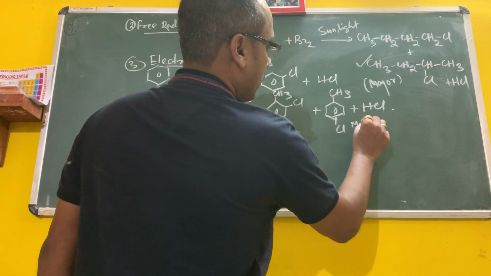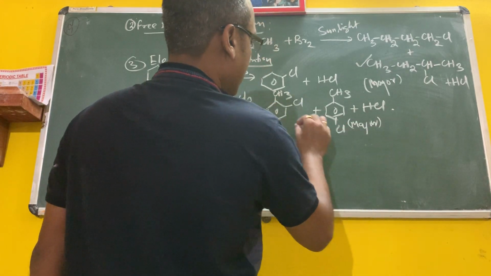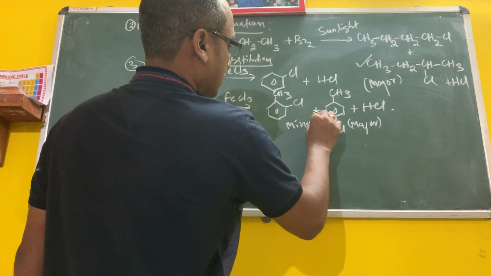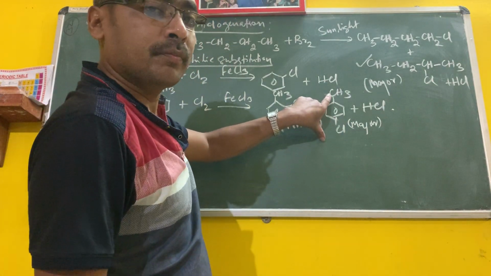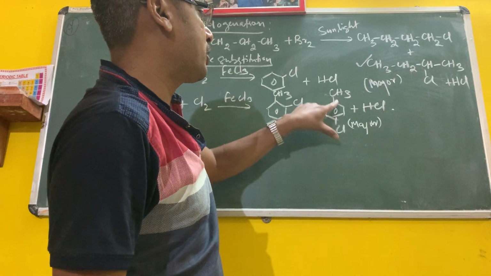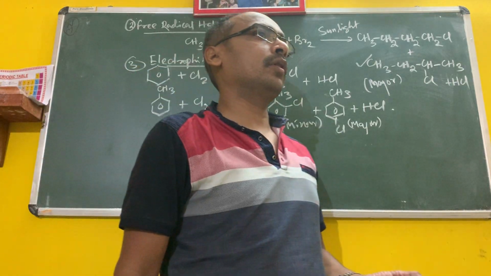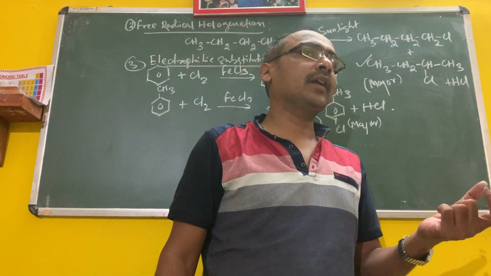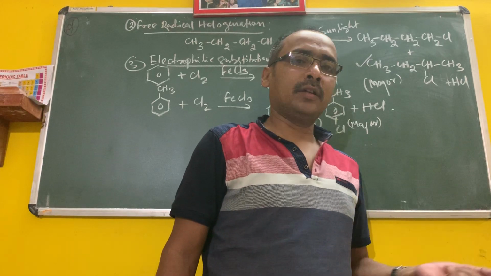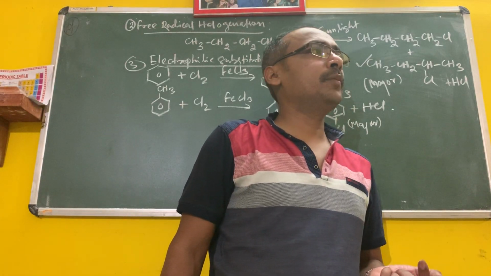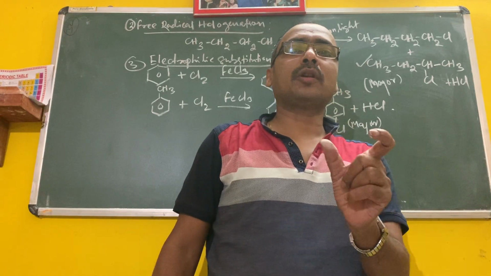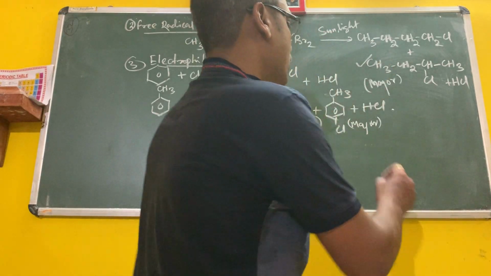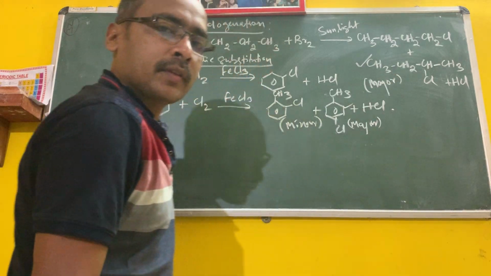This one is your major product. This one is your minor product. Why is this one the major product? Because para means more symmetric. If you want to make a building with bricks or with stones, which will be easier? Bricks, because bricks have a regular shape, that is, symmetrical. So this one is the major product.